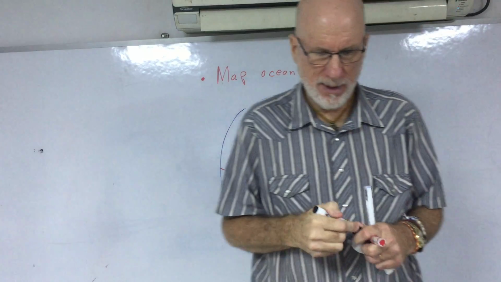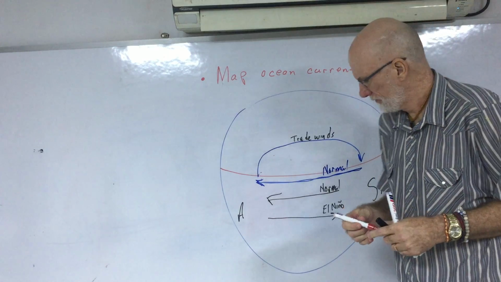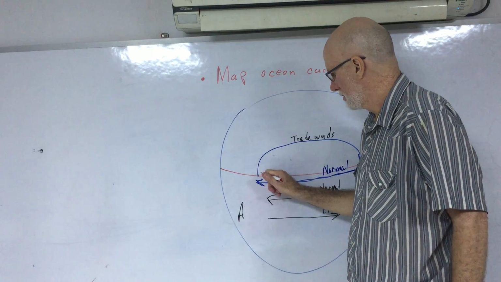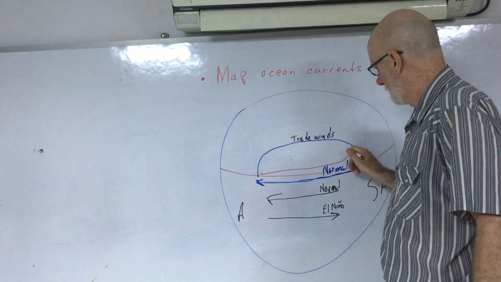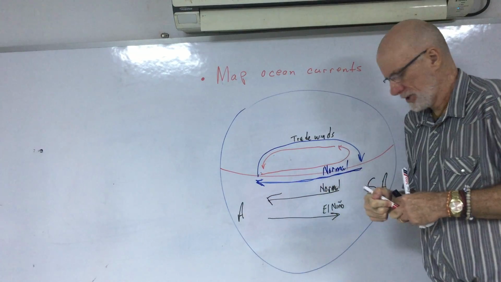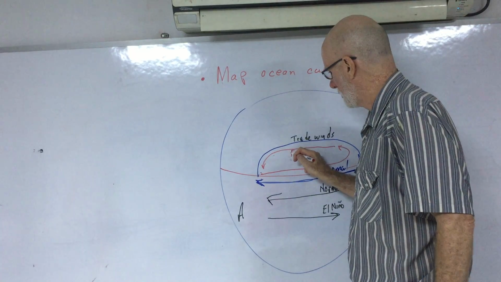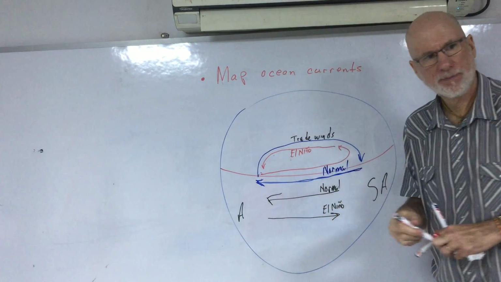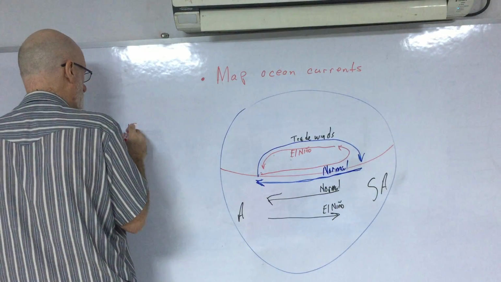And then during the wacky years, what happens? During the wacky years, it goes like this. It's not this far north, guys, but this is wacky. This is the El Nino year. Okay? You get it? So the trade winds go east to west.